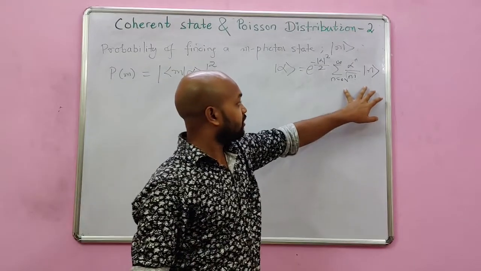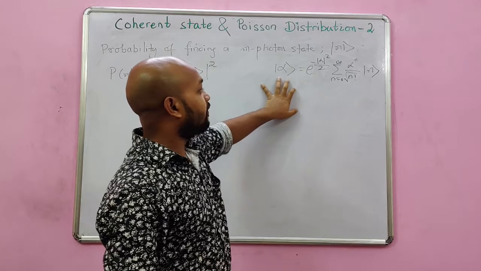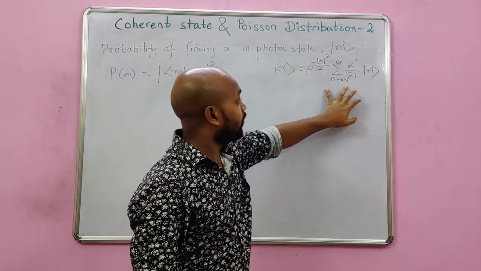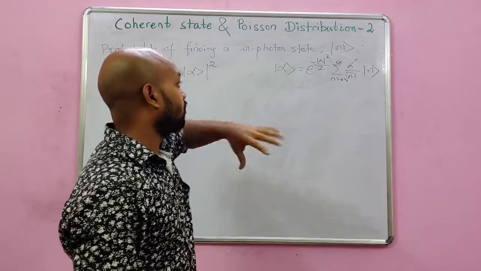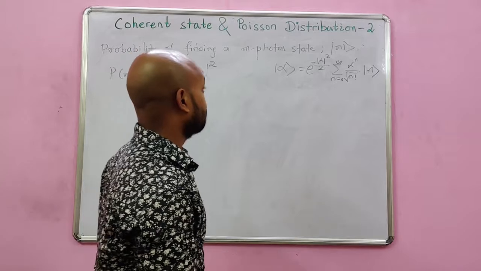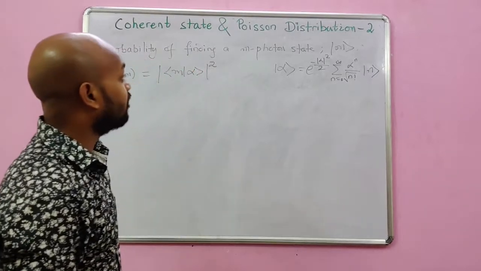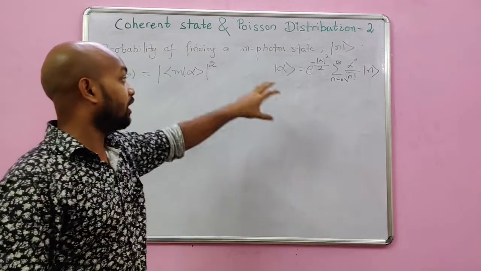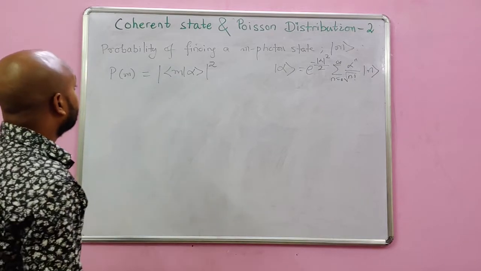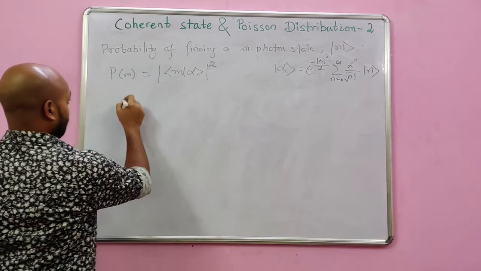So this tells us that alpha is a superposition over the n photon state. It could be a 1 photon state, 2 photon state, 3 photon state, with different amplitudes. So let's see what is the probability of getting a particular photon state, the m photon state. Of course that would be given by this thing, so let's compute it.